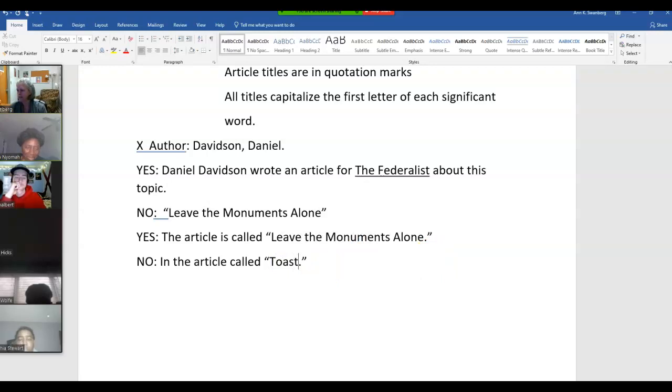Is that a sentence? No. Why? Because it doesn't have a subject. Right. It's a prepositional phrase. It might as well say in my office. In my office. Is that a sentence? No. All right, so we can't do that.